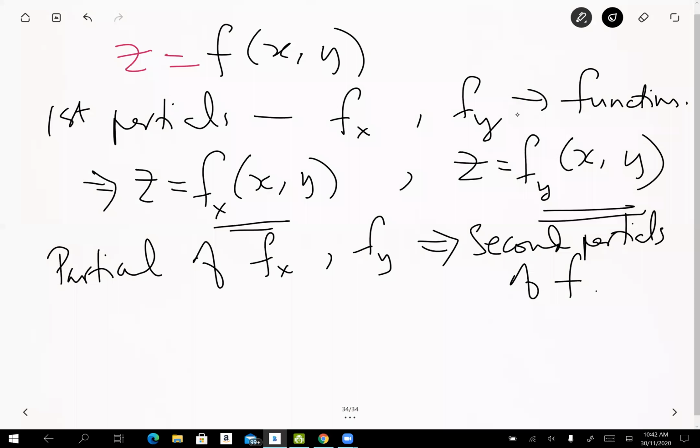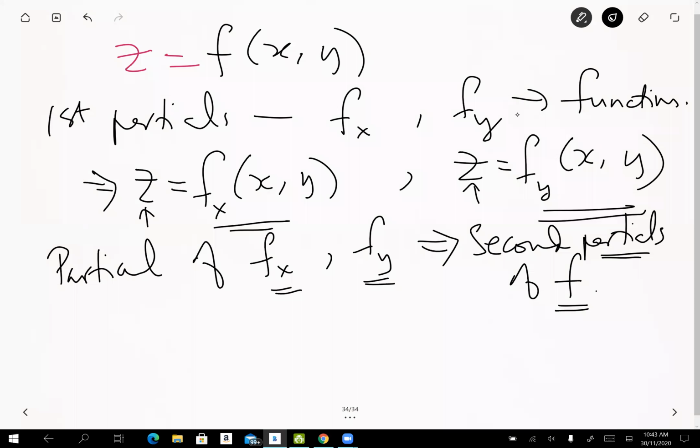I hope using z here, you will not be confused. Probably we can use another letter, but don't worry about the z. Just focus on the fx and fy. So you take the derivative of fx, derivative of fy. That will be the second partial derivative of the original function.